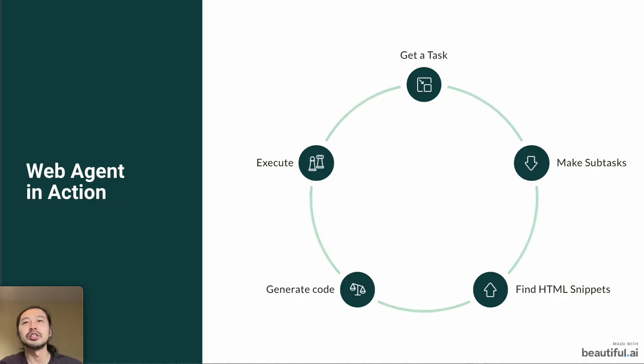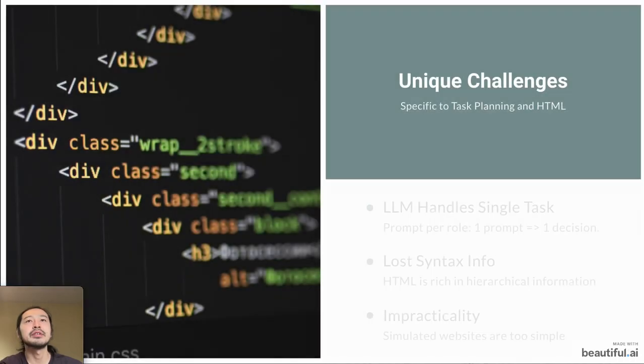So go search for this apartment with a filter below $3,000, for example. And then it will find the similar relevant HTML snippets, and it would generate the code and execute it. We will go through the details.